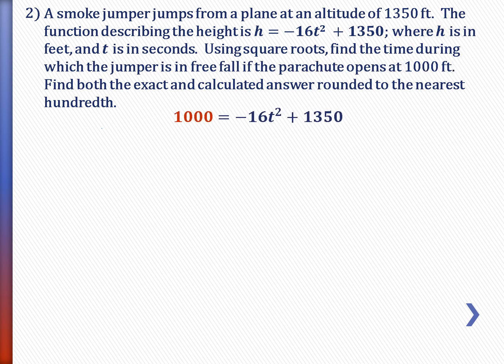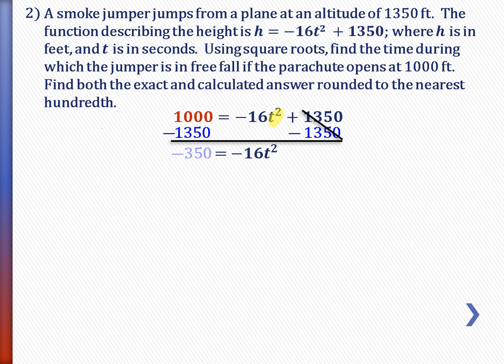Now we're going to solve for t. This is set up so that I can isolate t squared. So I'm going to subtract 1,350 from both sides. That gives me negative 350 equals negative 16t squared.